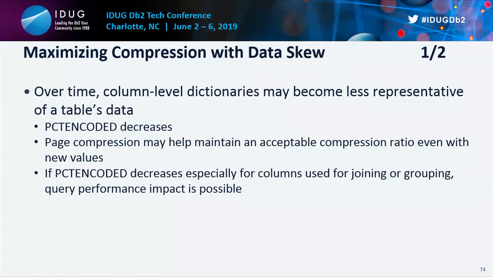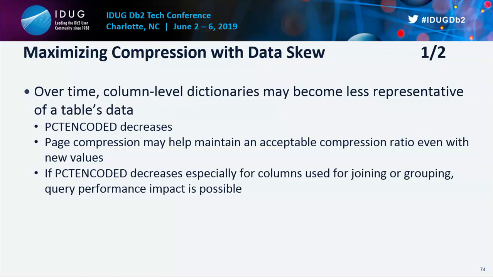Here's just a few pages of hints and tips, and other than that, I think I'm mostly done, which is good because I'm going to claim I'm 24 minutes under or 6 minutes over, depending on which times you go for. But as I mentioned, your column level dictionaries may become less representative. Because of that, you might see percent encoded decreasing.